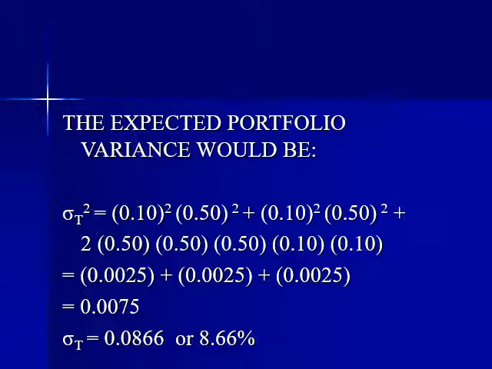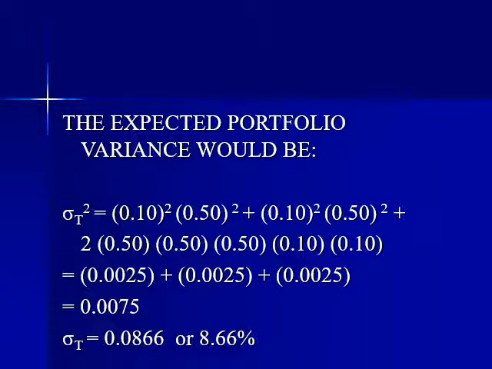If we apply this to the formula, the overall variance of the portfolio would be the standard deviation for one farm, 0.1 squared, times the proportion 0.5 squared, the same for the other farm, 0.1 squared, 0.5 squared, and then we add the last component: 2 times the proportion for each farm of 0.5, times the correlation coefficient of 0.5, times the standard deviation of 0.1 for each of the farms.